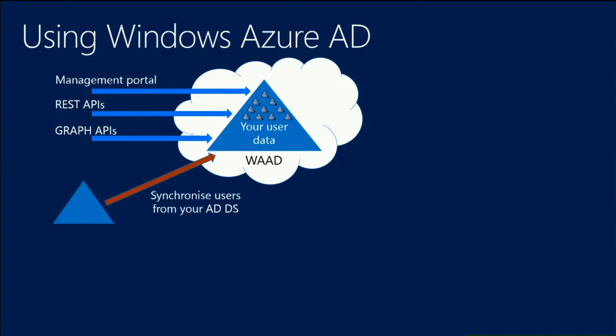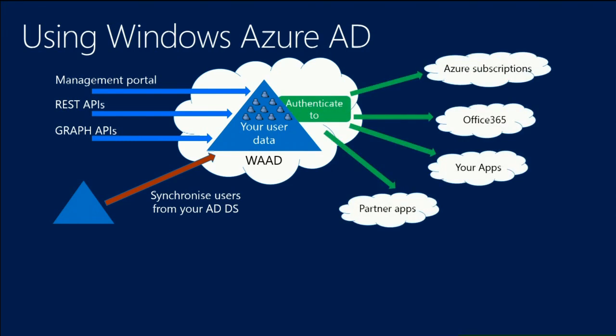What do we do with it? Well, we can synchronize users from our own AD. There's a synchronization tool for doing that, so we can push our own users up into there. Plus, we can authenticate to pretty much anything you like, provided it's using federated authentication. So you can manage your Azure subscription using a Windows Azure Active Directory identity, Office 365, your apps, partner apps.